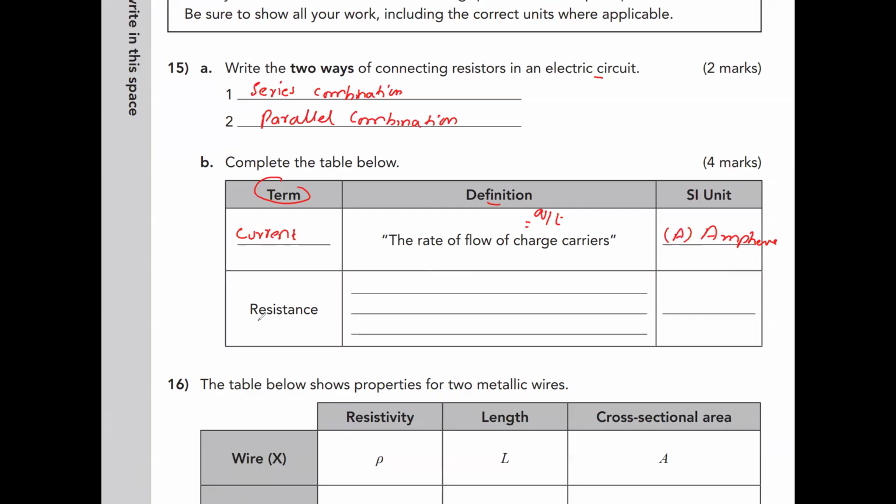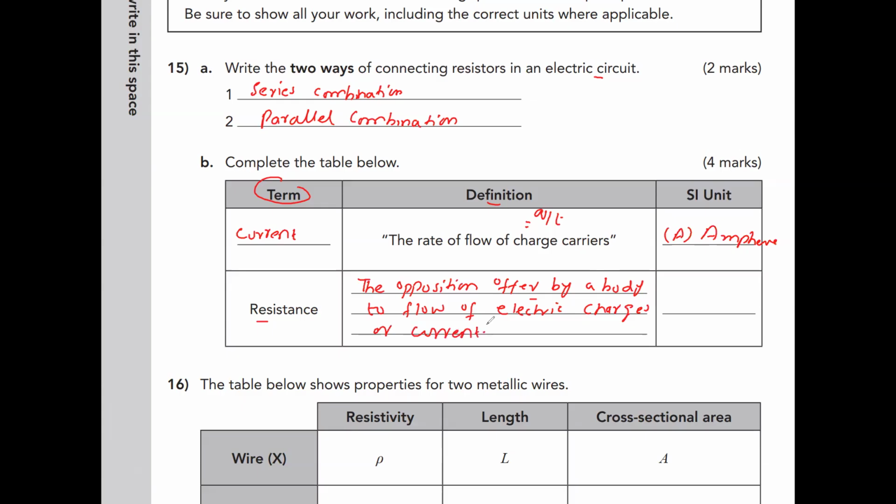And the second one is the definition of resistance. So what is the definition of resistance? The opposition offered by a body to flow of electric charges or current.